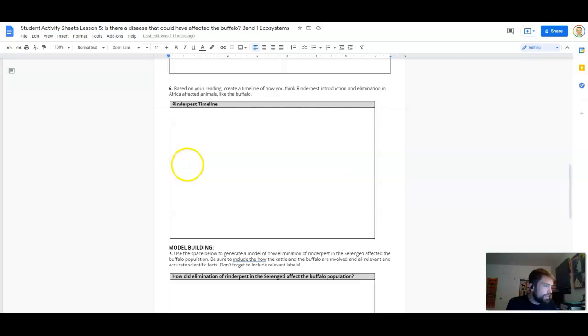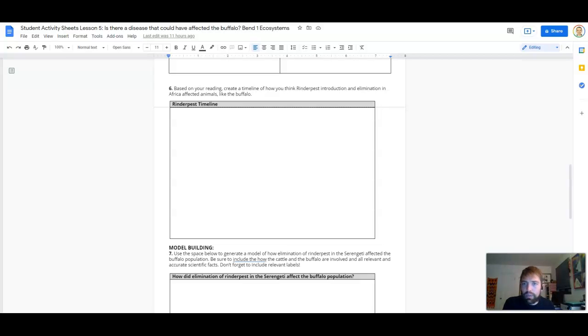Okay, I really want you to draw the timeline for number 6 and compare it with your classmates. Think about what your classmates came up with and try to compare them. Think about what some of the key happenings on the timeline are that could explain the changes in the buffalo's population. We know that diseases can spread from species to species.